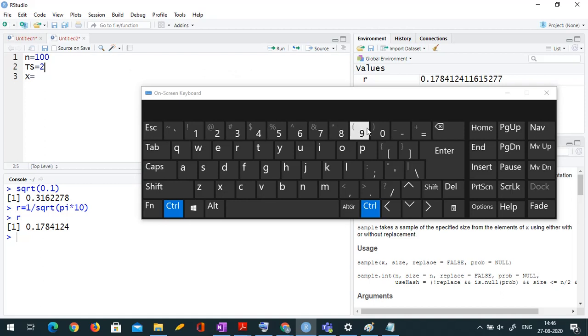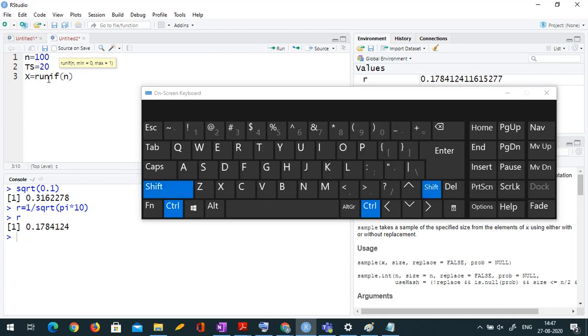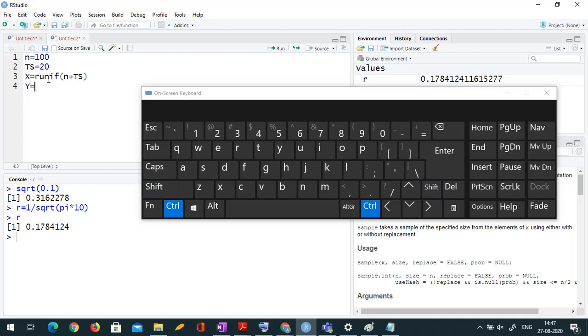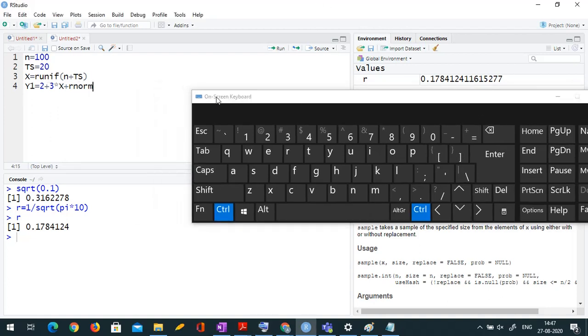So what I'll do is I will actually generate 120 observations and I'll keep the last 20 aside. So x let me take as runif of size n plus ts, right? And y I have to generate by 3 methods. So y1 is 2 plus 3 into x plus rnorm of n plus ts.